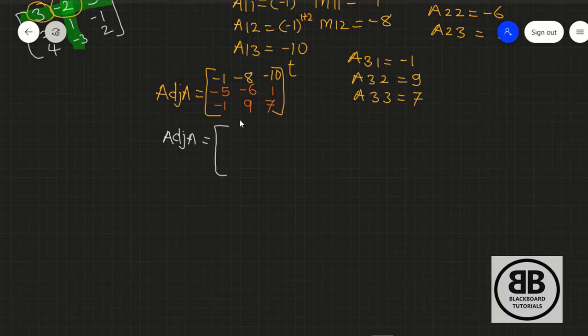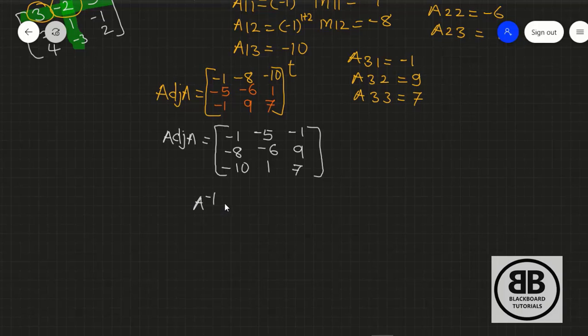First row will be now first column: minus 1, minus 8, minus 10. Second row will be the second column: minus 5, minus 6, 1, and minus 1, 9, 7. So this is our adjoint of A. So now we can find the inverse.